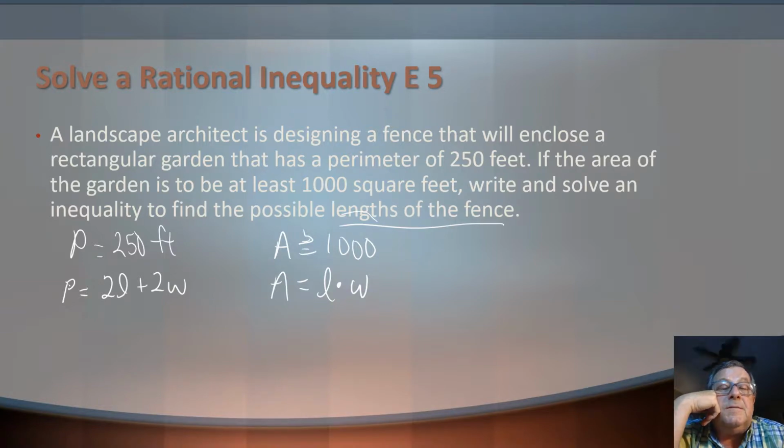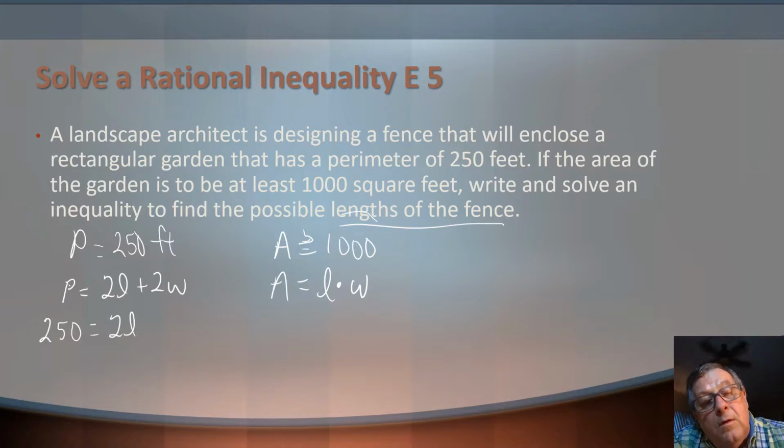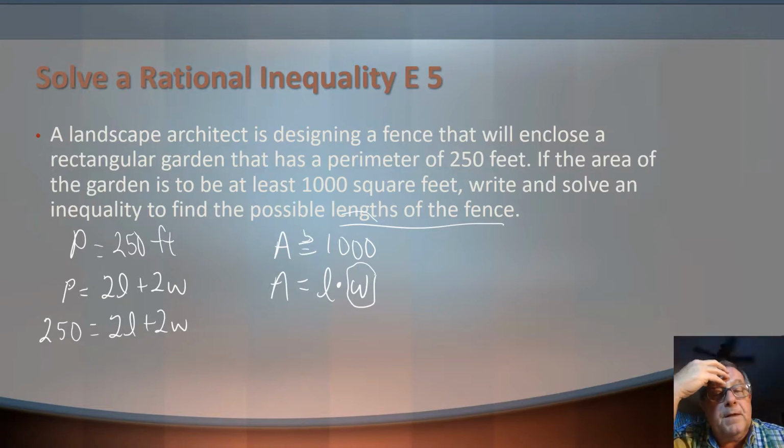So let's see. Well, what if we take this perimeter of 250 feet equals 2L plus 2W, and let's solve for W, the width, and then substitute it into the area. How about that?